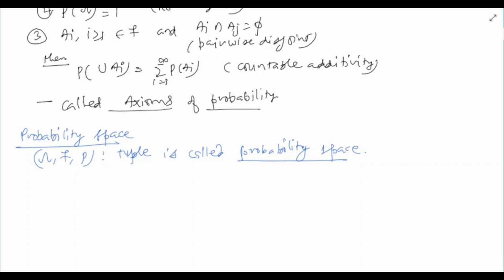Before we see examples of probability laws or probability spaces, let me make a couple of statements about the scenarios where omega is a discrete set, or in particular a finite set.